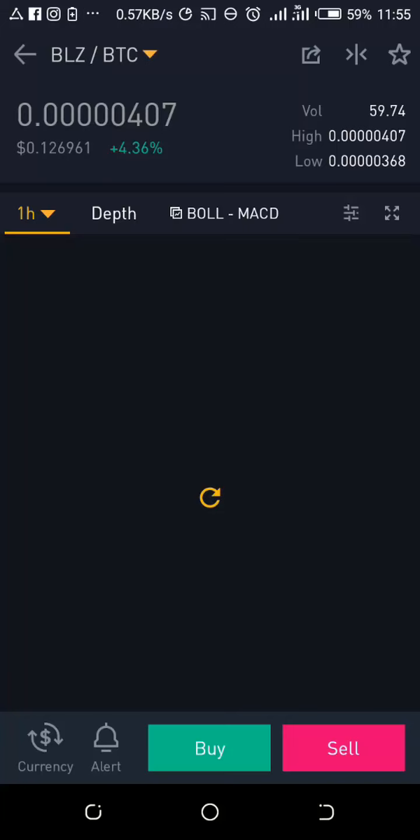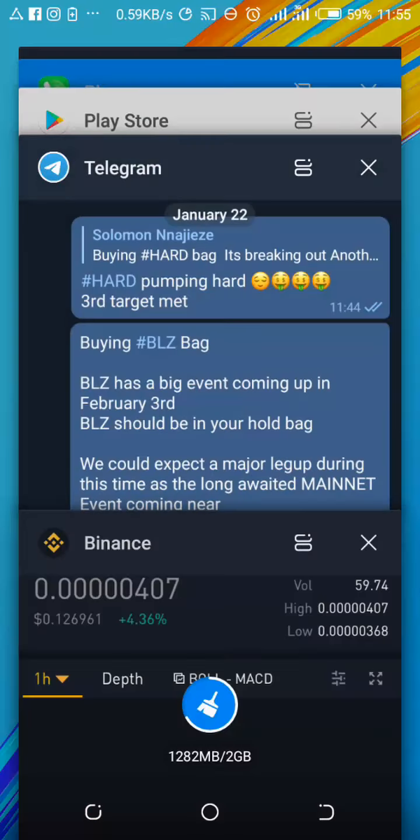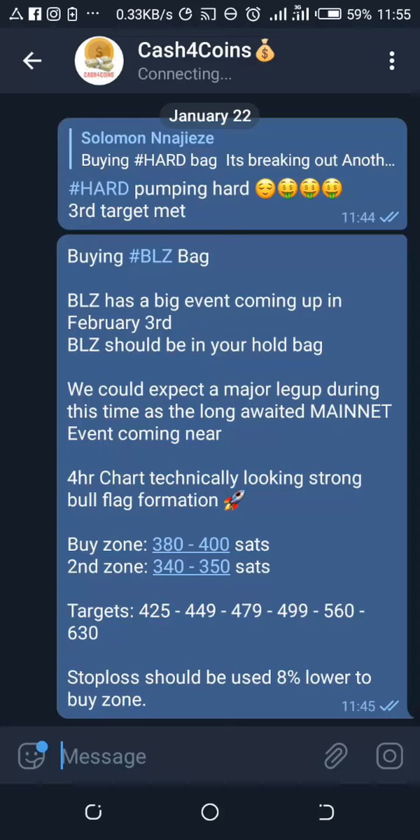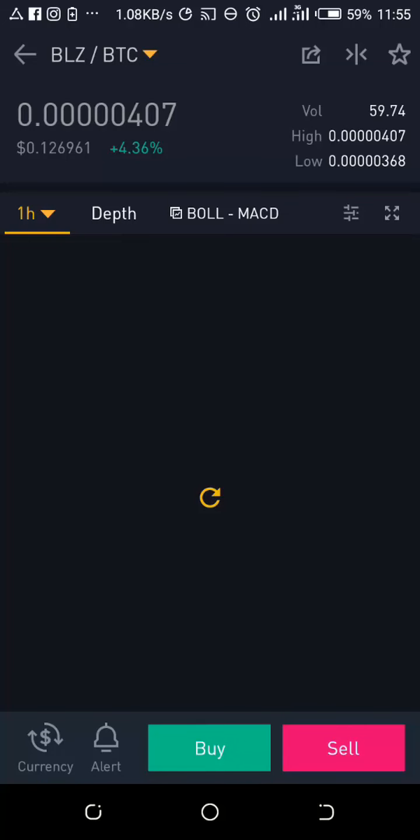All right. So when we look at the first buy zone, it has already passed 400. It's supposed to stop at 400. But let's go and see what we can do about this.